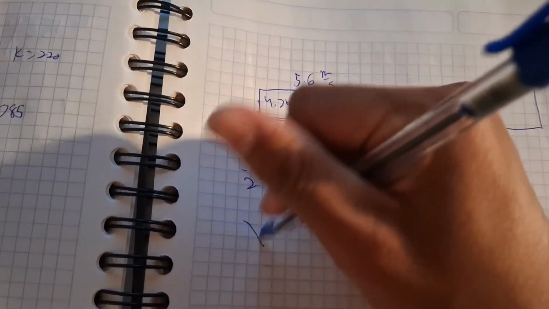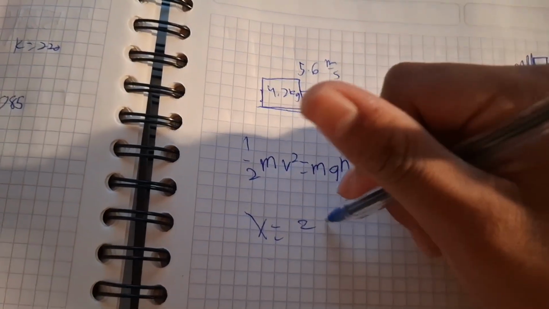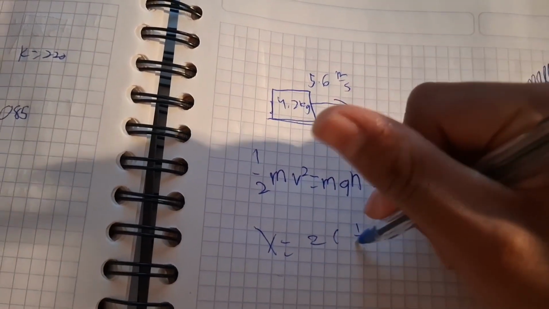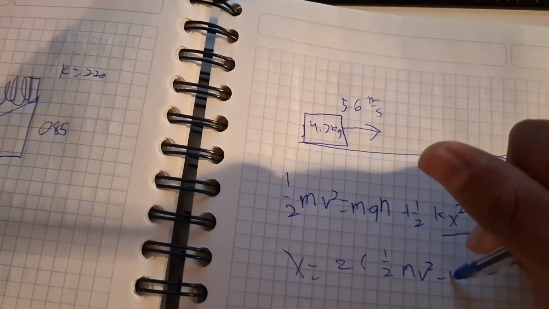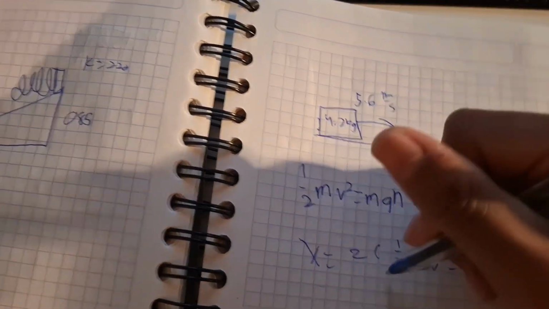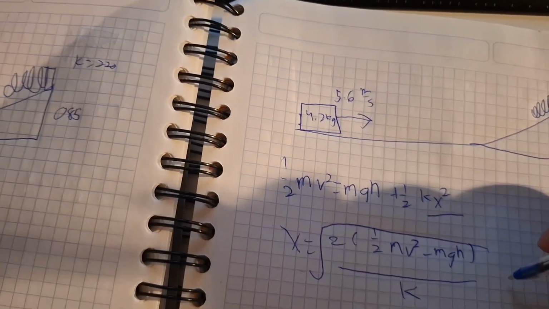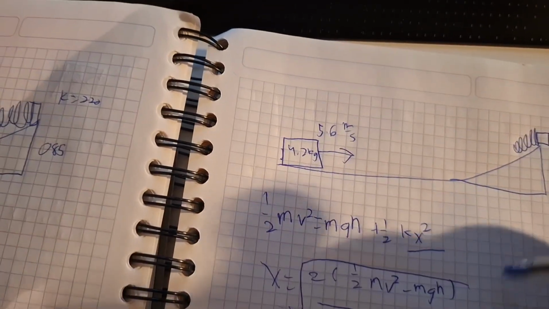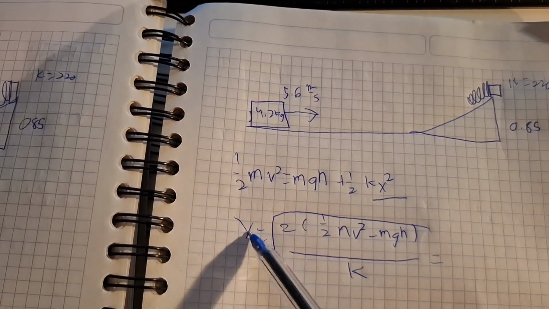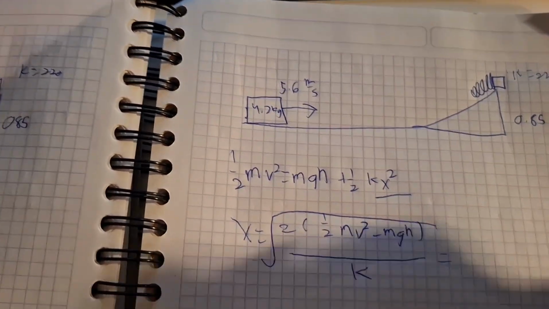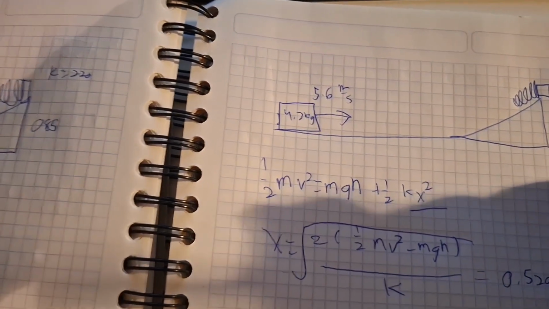So we have that x would be equal to 2 and a half plus this one. With simple substitution of all the data that we have here, we can get how much we compress. That is 0.529 meters.